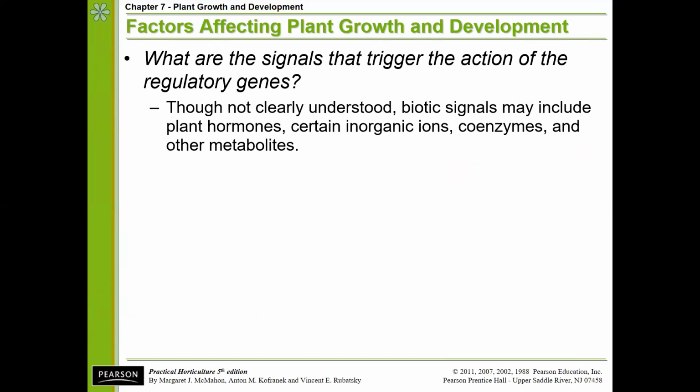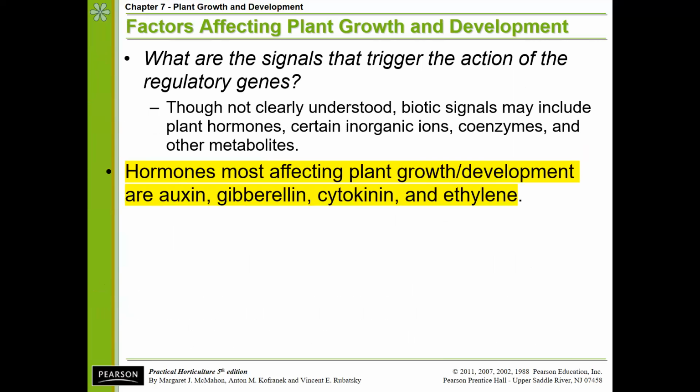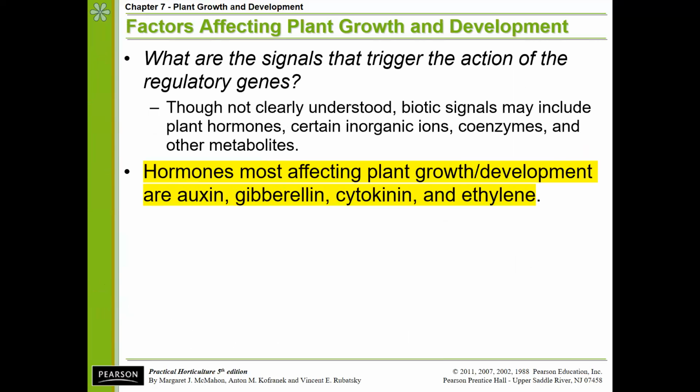So what signals this action of these regulatory genes? Really, the biggest thing that I want to share with you is that it is the hormones. And I think of hormones just like in people. We have hormones as we mature that trigger our different types of growth and development.